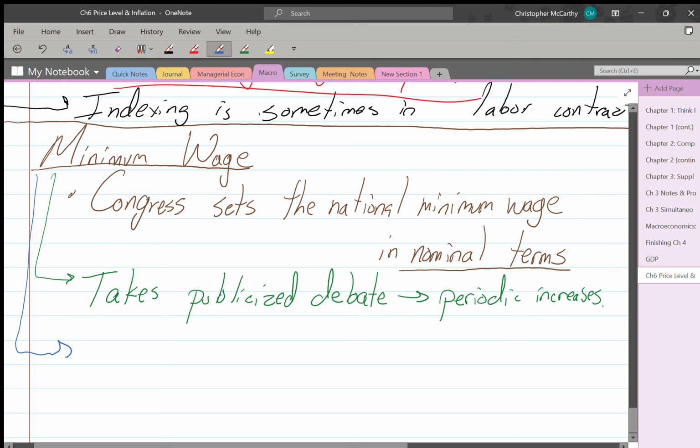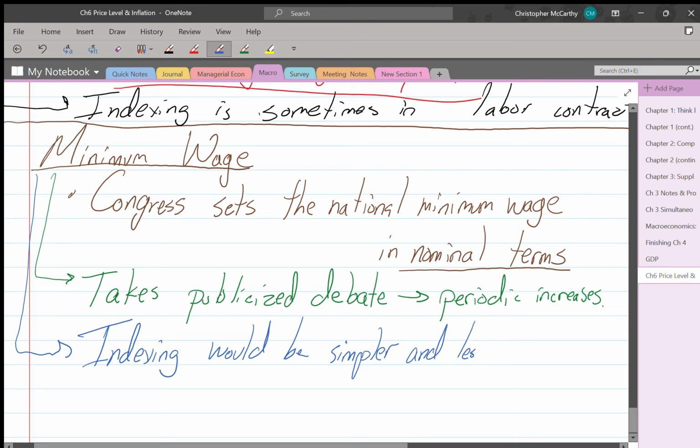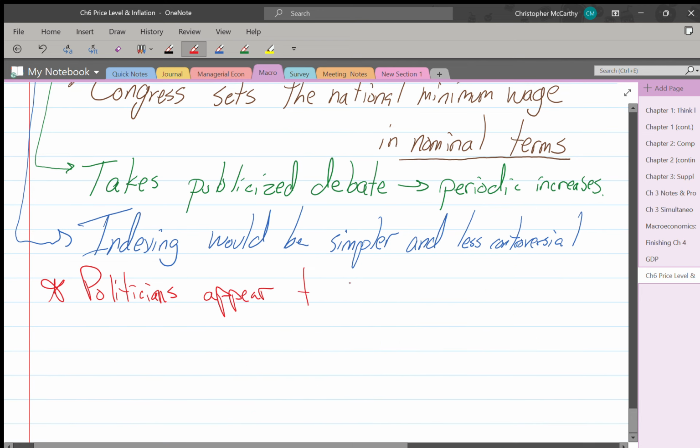Almost all economists agree that indexing, just like we do with Social Security, would be simpler and less controversial, but it appears that politicians benefit from the debate.